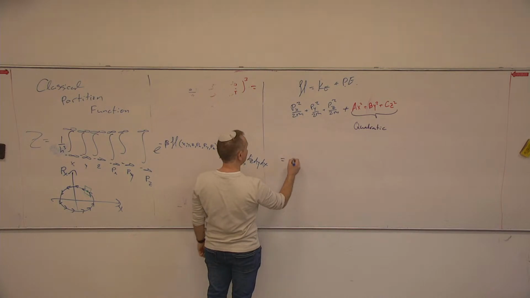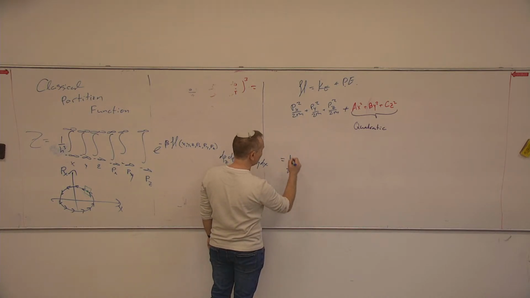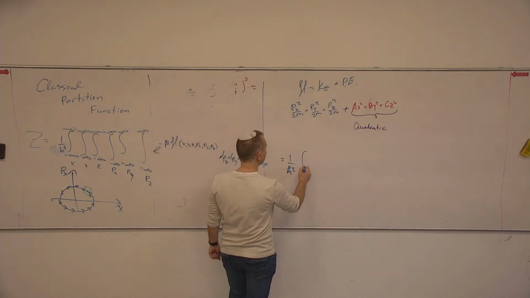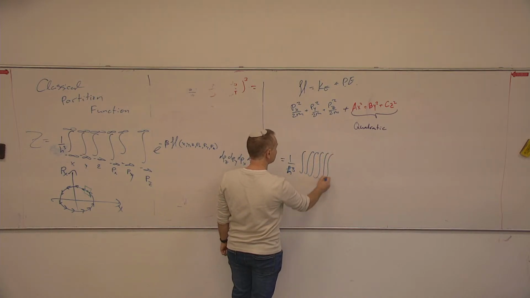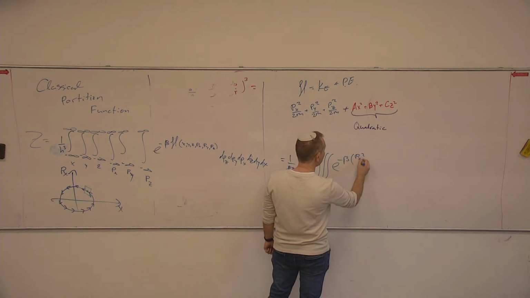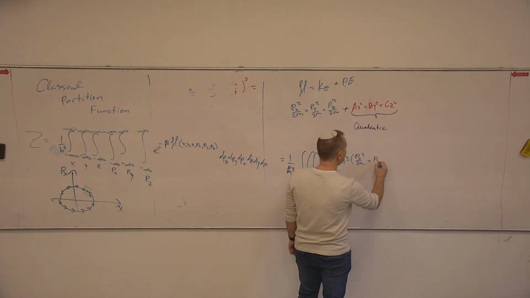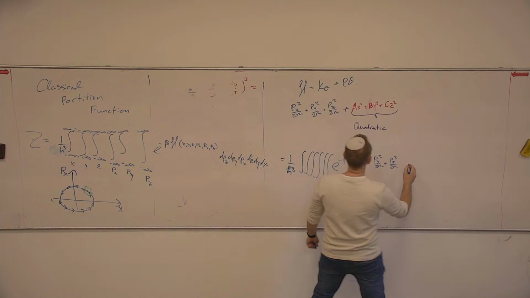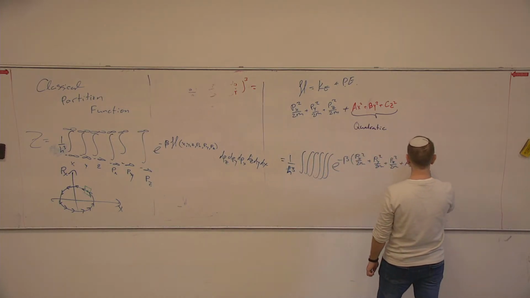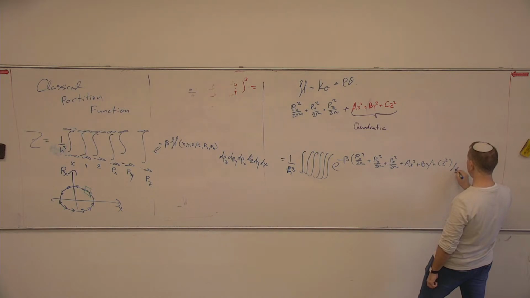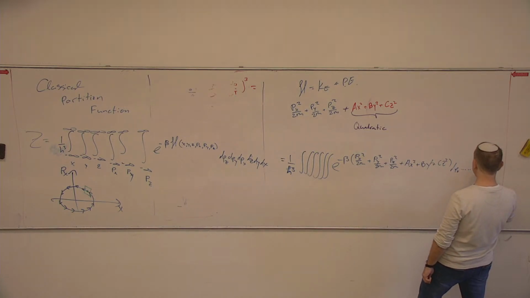So we have 1 over h to the third, h, not h bar, of an integral of e to the power minus beta, and here we have px squared divided by 2m plus py squared divided by 2m plus pz squared divided by 2m plus ax squared plus b y squared plus c z squared, dpx dx.